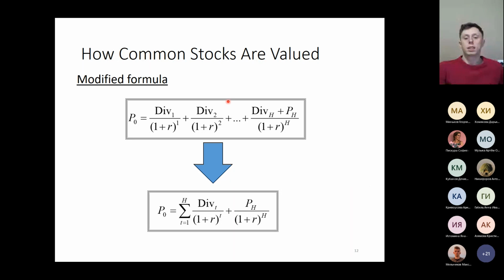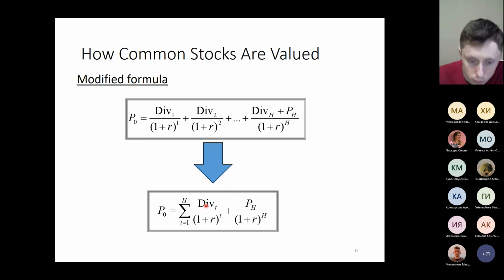This is the same formula that we can convert to this view like we did with the bond, but in the bond we were able to apply the annuity formula for the coupons. Here we cannot do this because the dividends are not constant.